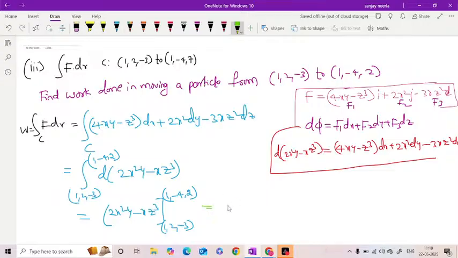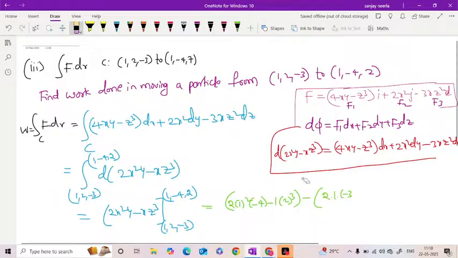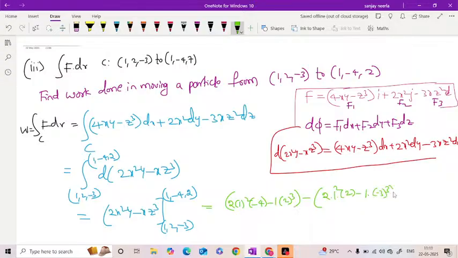After substituting the upper limit, 2 into 1 square into minus 4 minus 1 into 2 cube, minus the lower limit, 2 into 1 square into 2 minus 1 into minus 3 whole cube.